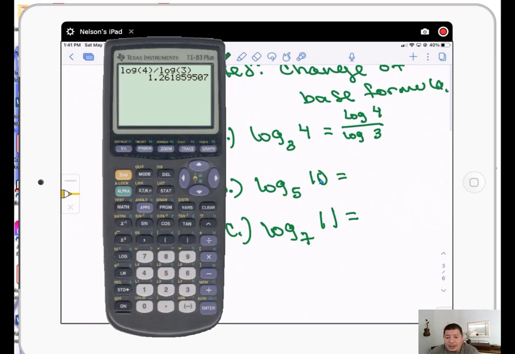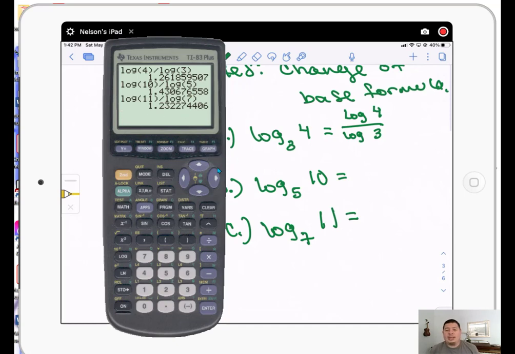And if I wanted to figure this one out over here, this is going to be log 10 divided by a log of 5. And that's how much we would get. And then let's do one last one, log 11 divided by a log 7. So again, the calculator only understands base 10. Okay, so let me close that parentheses. And that's what we end up with.